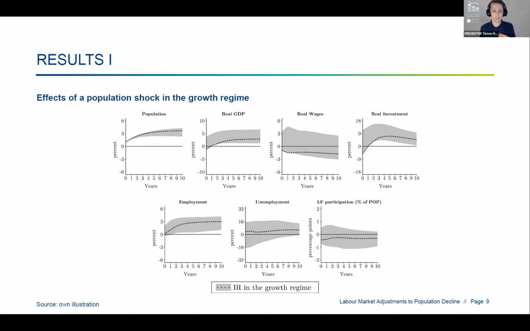The dashed black line is the point estimate impulse response, and the gray areas in the background are the confidence intervals, which are 95% confidence intervals. And I can tell you, I didn't bring any linear estimations here because of time constraints, but the growth regime pretty much resembles what happens if we just estimate the whole time period using a linear model.